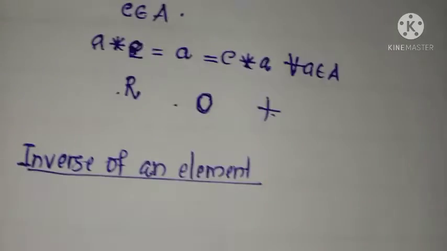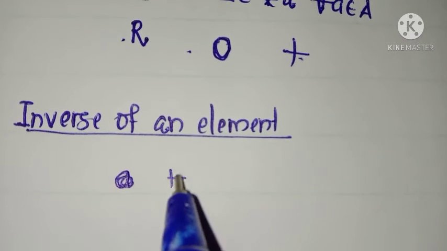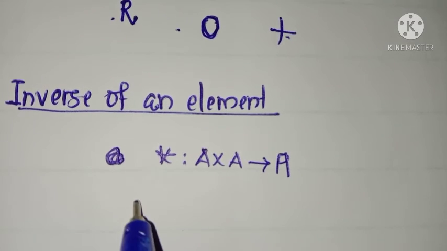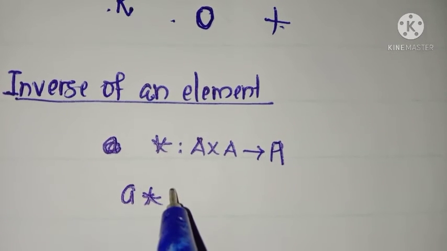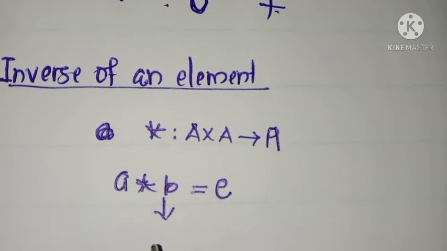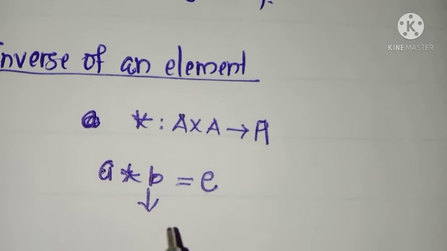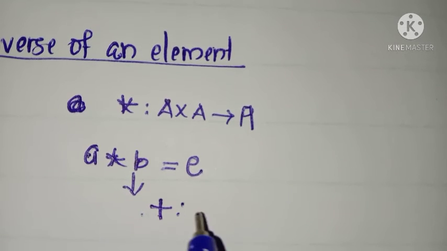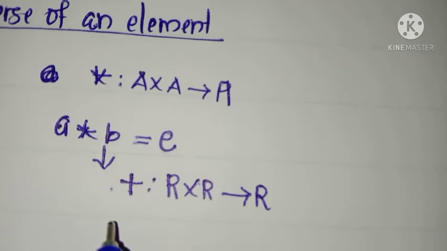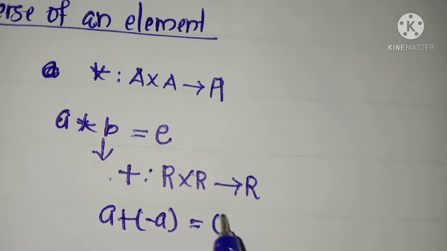Now, inverse. Suppose we have a star operation defined on the set A cross A to A, and listen, if A star B gives the identity E, then the element B is known as the inverse of the element A. For example, suppose we have the binary operation addition defined on the set of real numbers, then we can say that A plus (minus A) gives the identity 0.